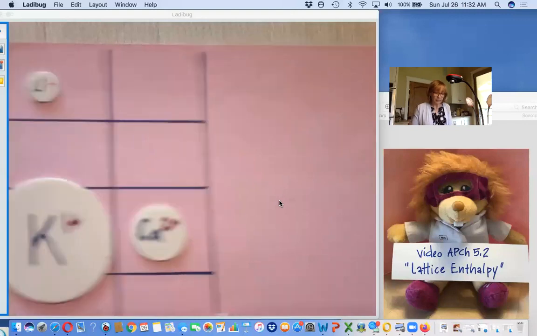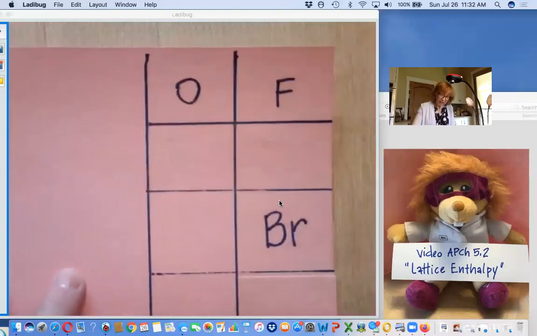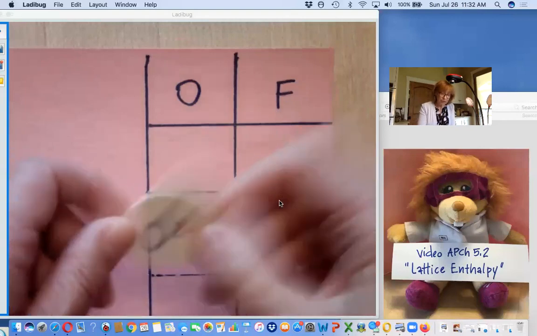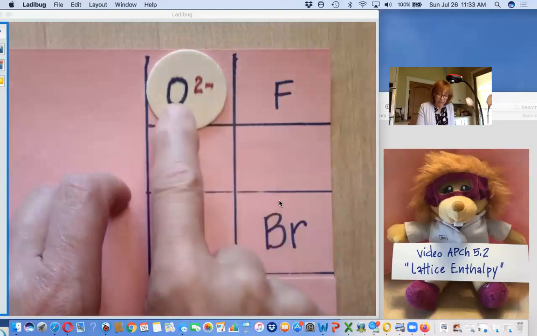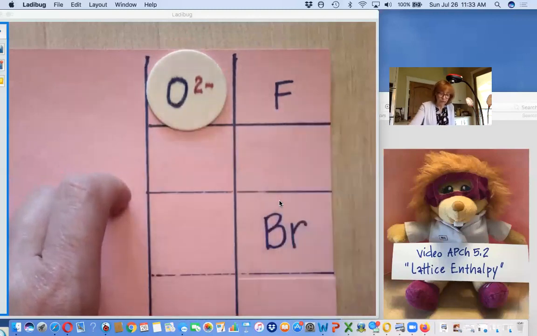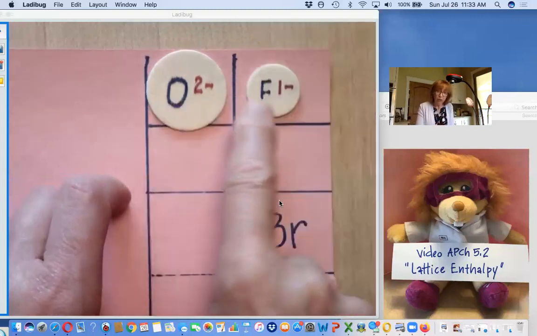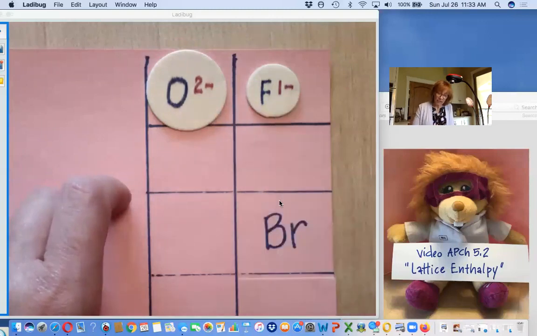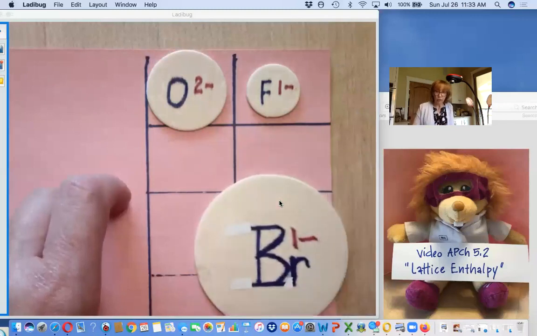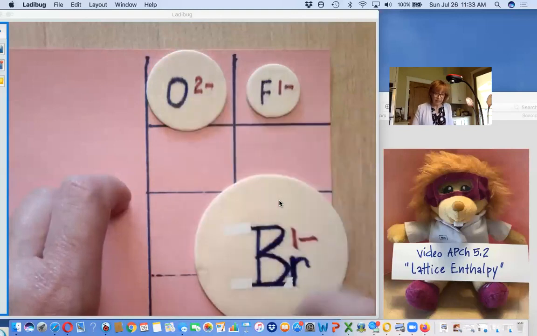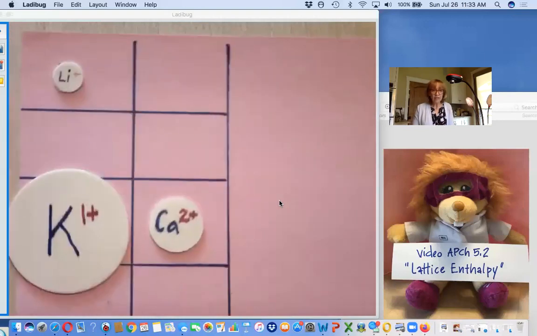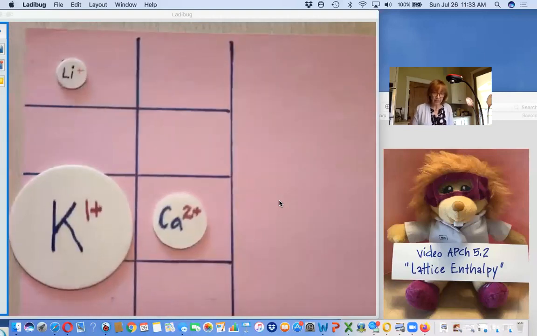Let's remind ourselves what we said about the anions. Anions are actually larger than the non-metal atoms they came from. And just like the non-metal atoms trend smaller as you go across a period, so do the anions. Anions get smaller as you go across a period, and anions get larger as you go down a group. So this would be the relative sizes of these anions and the relative sizes of these cations.